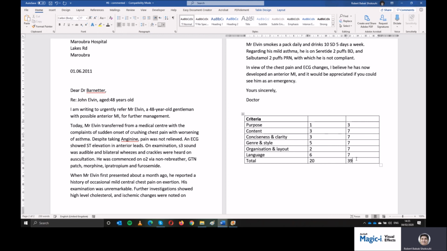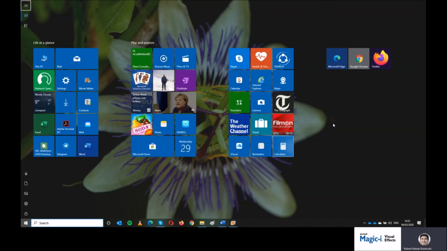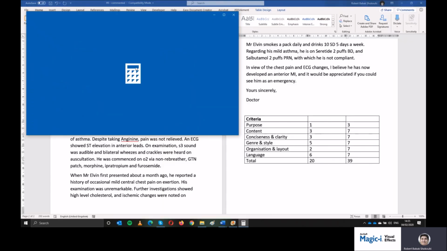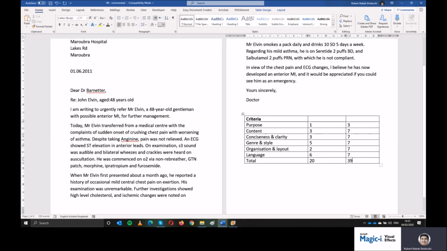If we go to the calculator, that's nearly 50%. So 20 divided by 39 equals 51%. You have 51%, but to pass, you need 350 out of 500, which is 70%.